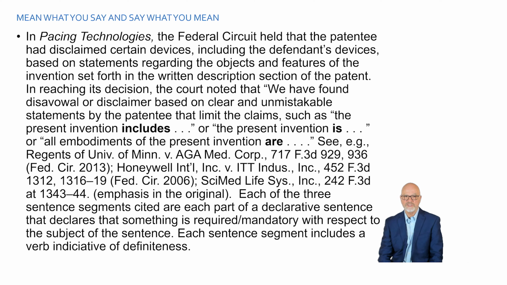Each sentence segment includes a verb indicative of definiteness, not a verb indicative of a possibility or possibilities. So it's very important for people involved in preparing and prosecuting patent applications to look at every sentence and make sure they mean what they say and say what they mean. Otherwise, disastrous results can occur.